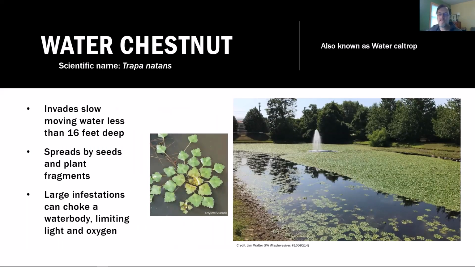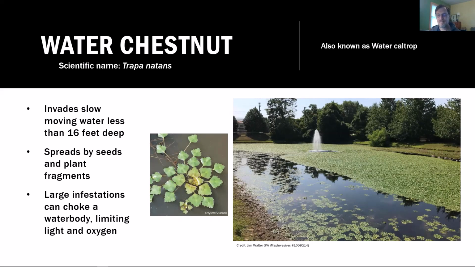The next one is water chestnut. This one can be a really serious weed in still water or slowly flowing water. It's rooted at the base, so it roots into the soil under the water, and it has a stem that's up to 16 feet long.